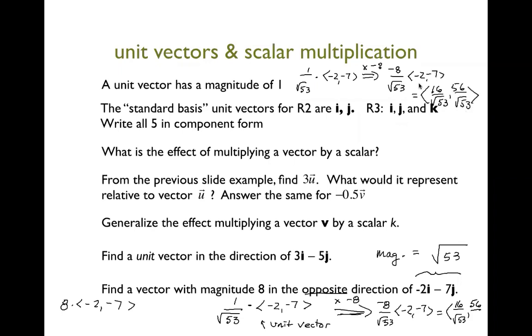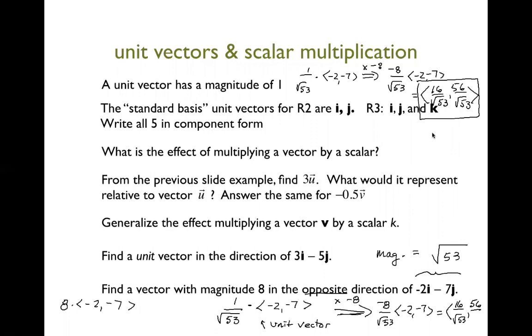So this vector has magnitude 8, because it's 8 times a unit vector, right? 8 times a unit vector gives magnitude 8. And then it has the opposite direction, with both positive components.